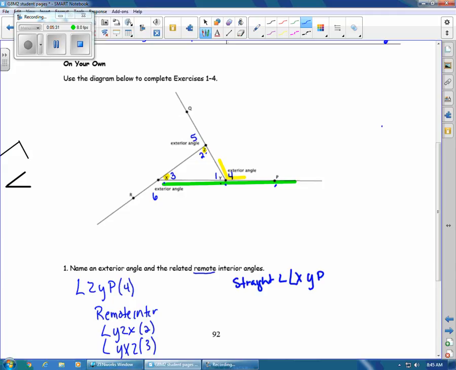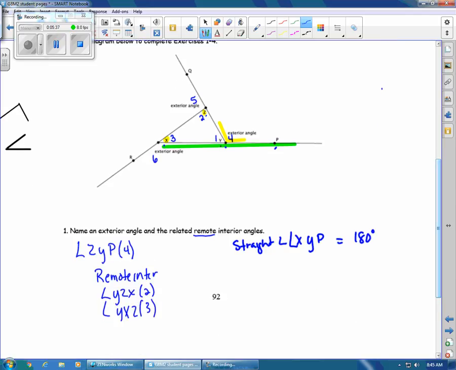Now I know that a straight angle equals 180 degrees. So if I add together the measure of angle 1 and the measure of angle 4, I'm going to get 180 degrees.